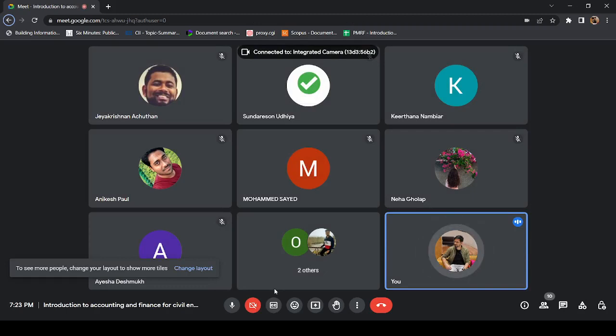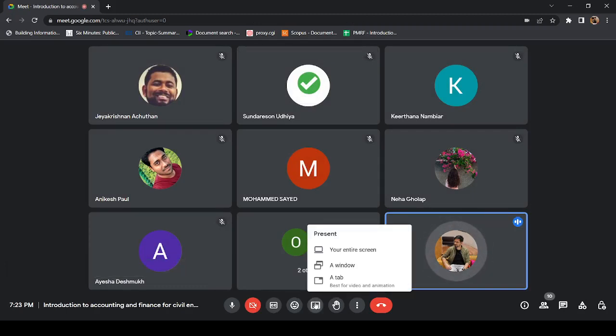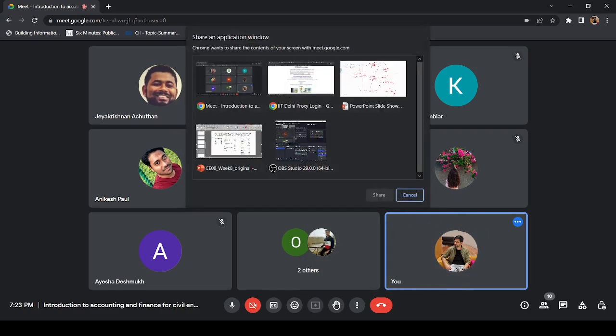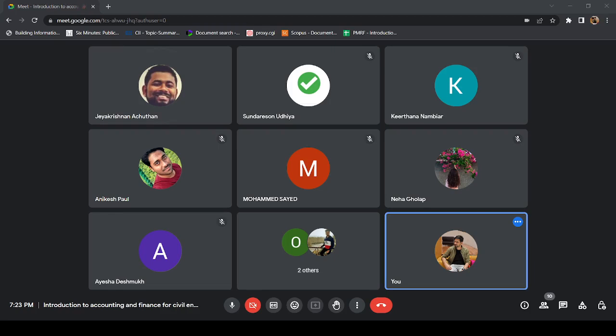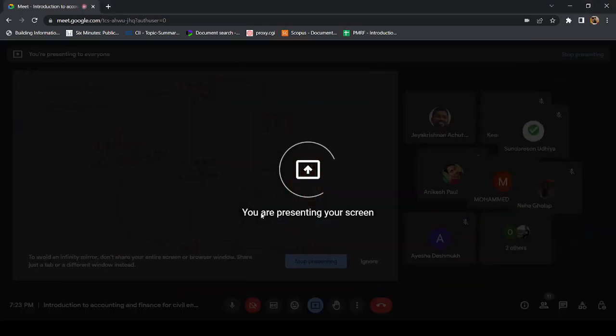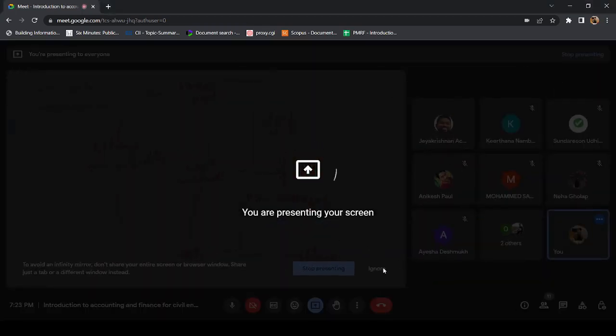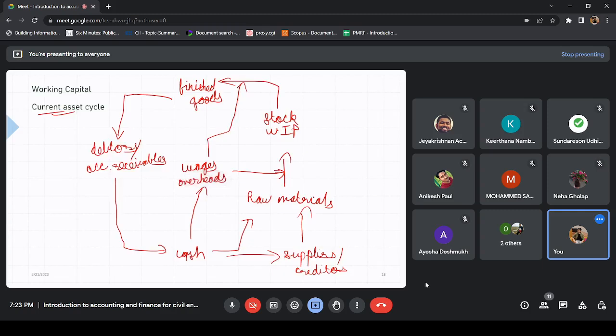Yeah, sorry guys, it seems that my network got disconnected. Where was I? Yeah, my network got disconnected in the middle. So where was I?